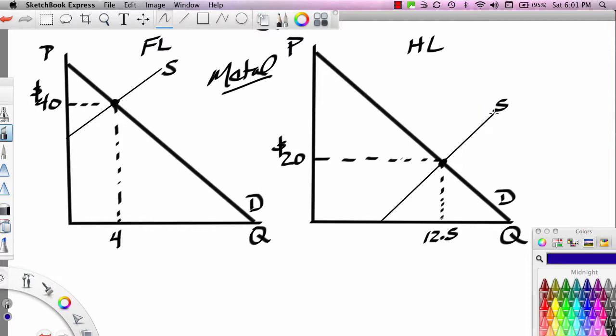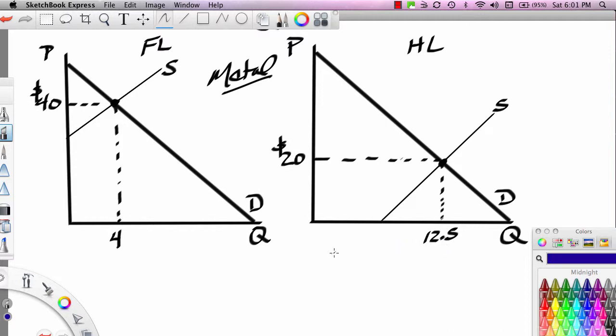Whereas hillland's supply curve is way over to the right, so hillland is the low-cost or high-tech or both producer of metal. Because the supply curve is way over to the right, the price is relatively low and the production rate is relatively high. So all of the principles that we laid out in the grain example apply here.